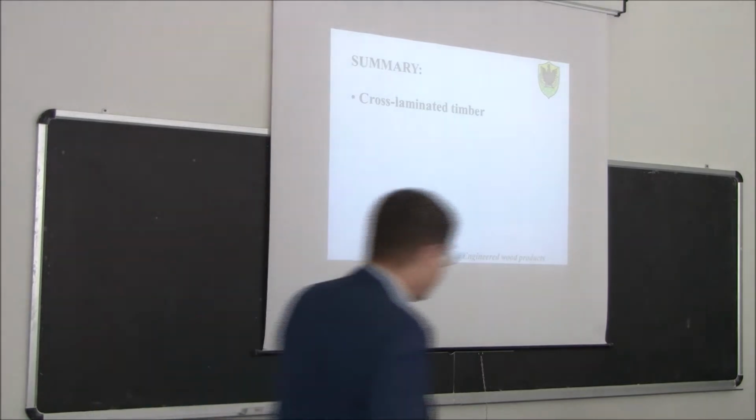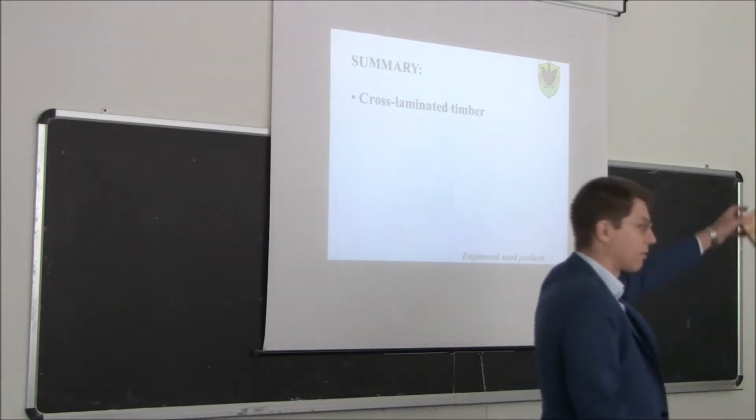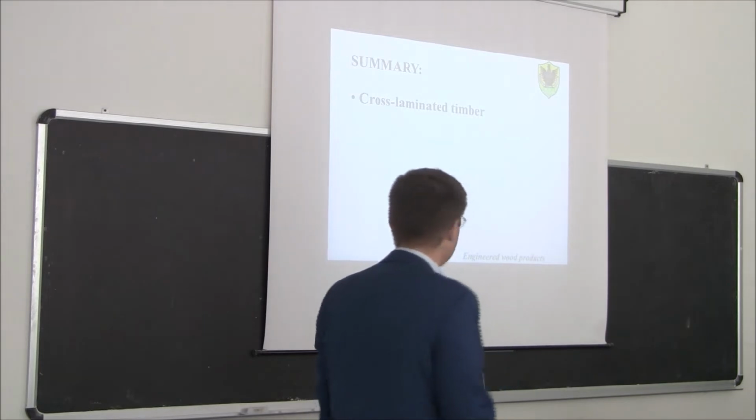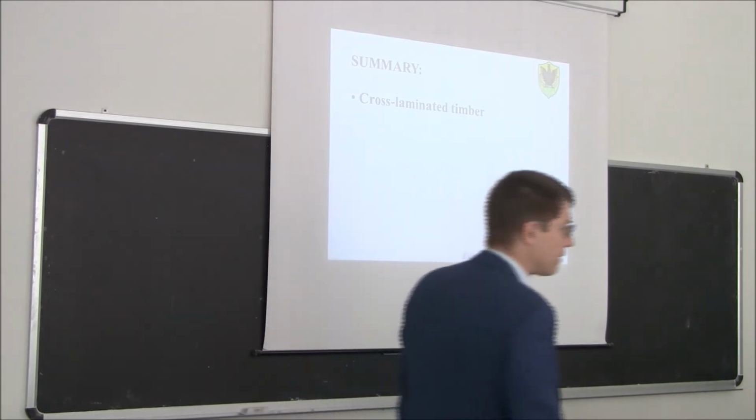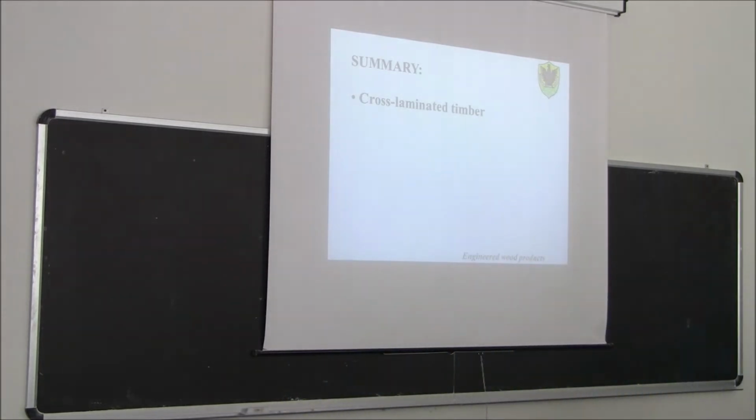Then this other material, cross-laminated timber, sometimes you will find it denoted with CLT, sometimes you will find it with XLAM. Those are two ways of denoting this kind of material. It's cross-laminated timber.